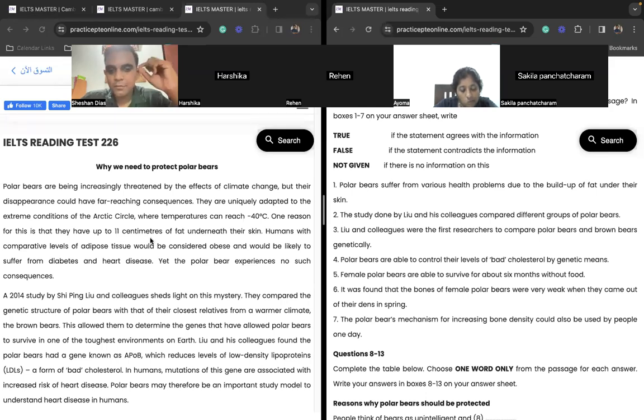So if you have fixed keywords, those are the easiest ones to find. You have polar bears here, for example. What type of bear? Polar bear. That's the easiest one to locate. You'll find polar bear here. Easy word to locate. But if you take, for example, health problems, do you think that will remain the same? No. That will have synonyms.